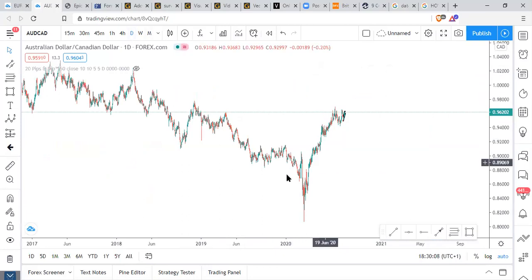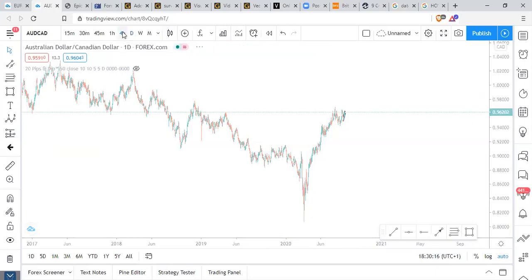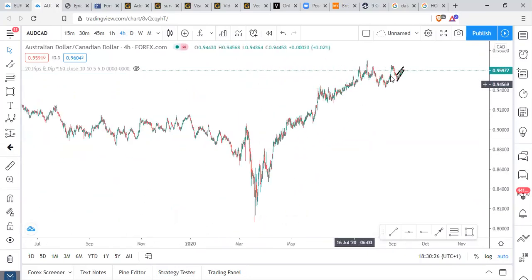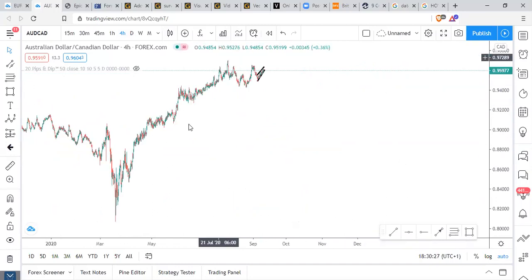On the daily, I think it's a bullish market, and your 4 hours is still showing you that bullish stuff. What will you do? You look for buy entries at this bullish stage, at this bullish channel.